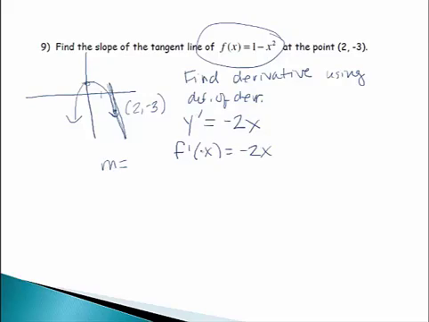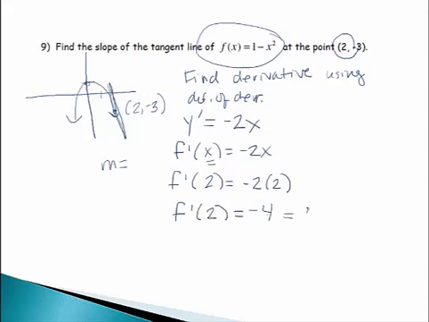Remember, there are all those different notations at the beginning, but they all mean the same thing. So now what I'm saying is, don't just give me a function for the derivative. I want to know at a particular point. So now what I'm going to do is plug in this x value right here for my x here. So the derivative at the point 2 is going to be negative 4.